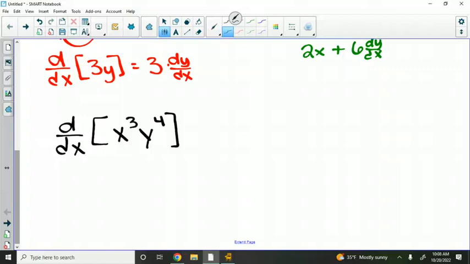We're going to follow that product rule layout, but whenever we derive our y's, we have to attach that extra little thing. So for product rule, we'll do the first times the derivative of the second. So we'll take the derivative of y to the fourth. Just think about it as a nice little power rule. 4y cubed. But that was deriving a y, so we're going to put a dy dx there.